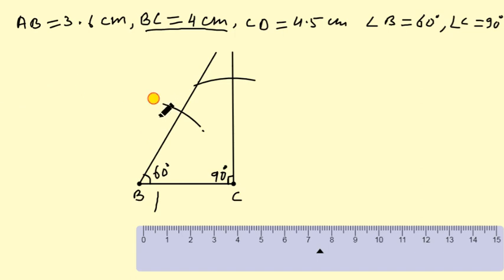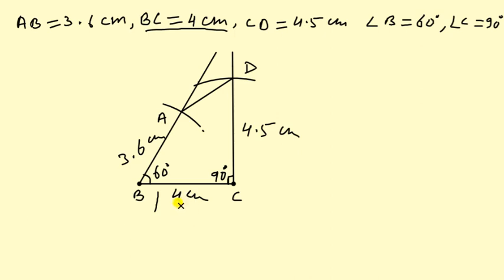This point is A and this point is D, and that distance is 4.5 centimeter. This distance is 4 centimeter, and this distance will be 3.6 centimeter. Now join C, A and D like this. So your ABCD is the required quadrilateral.